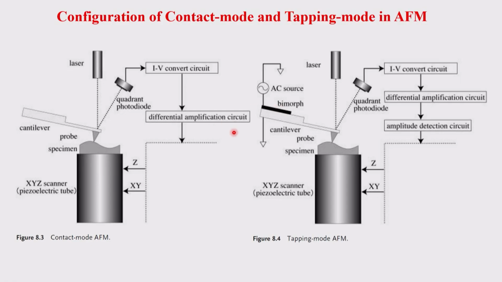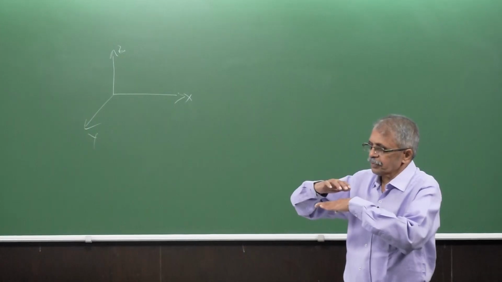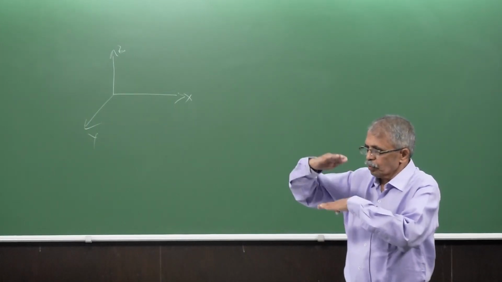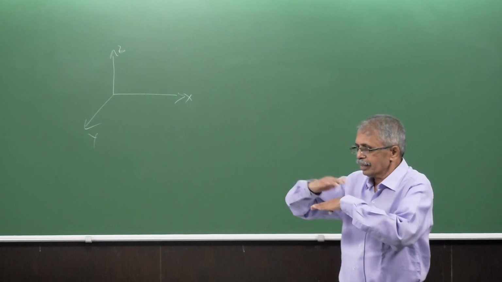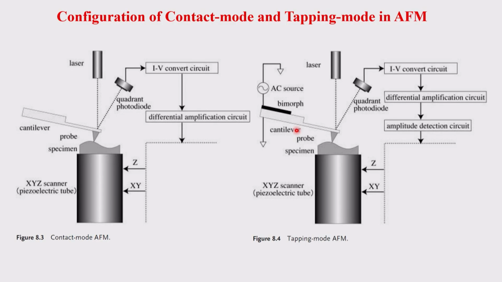That is the tapping mode. It will not touch the surface basically. It will be coming closer and going farther, depending upon the kinds of forces that you have. So it will avoid grazing the surface and avoid making any kind of scratch, but still understand the whole surface.